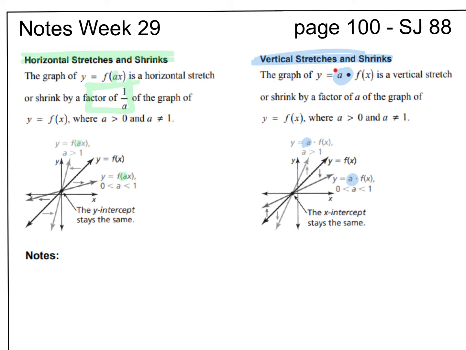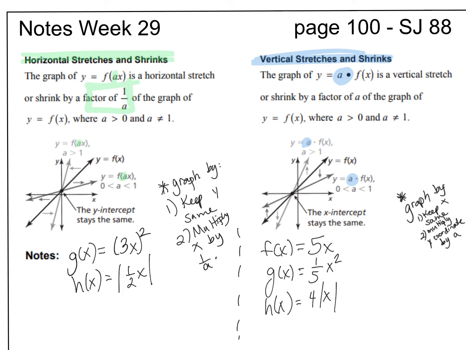So vertical is outside away from x and horizontal is inside with x. The other thing that you have to remember when you're doing the horizontal stretch or shrink is you talk about the reciprocal of that. Let me write down some examples. I'll pause and start recording again in just a moment.